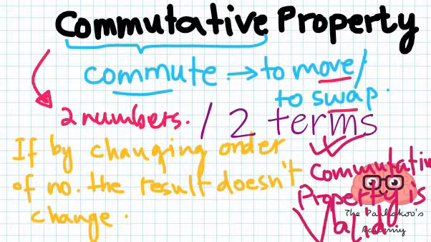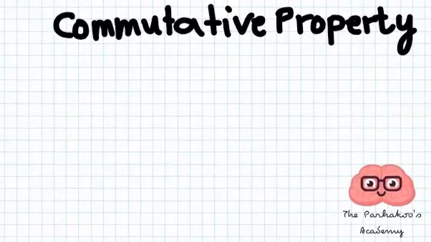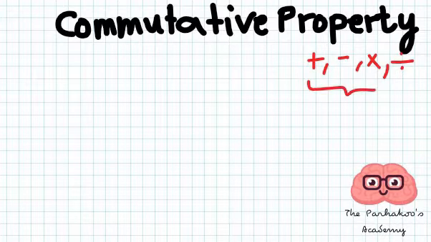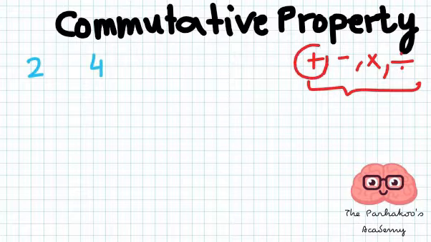So let's dive in. As I've told you previously, we have basic operators plus, minus, multiplication, division. We are going to assume any two numbers and see for each operator, right? So let's assume numbers 2 and 4, and let's see first for addition whether commutative property is valid or not.